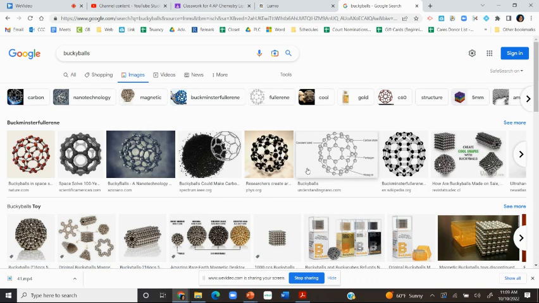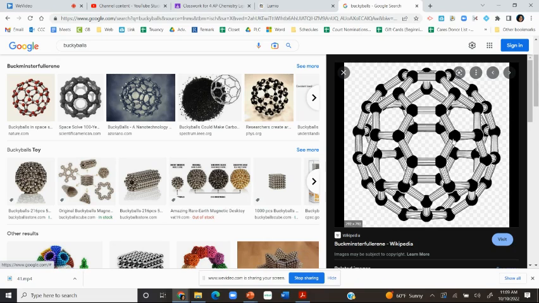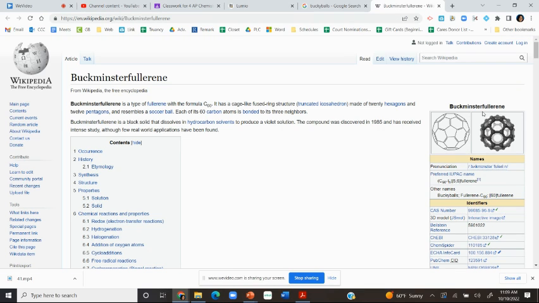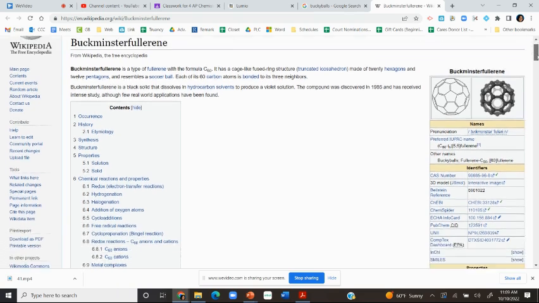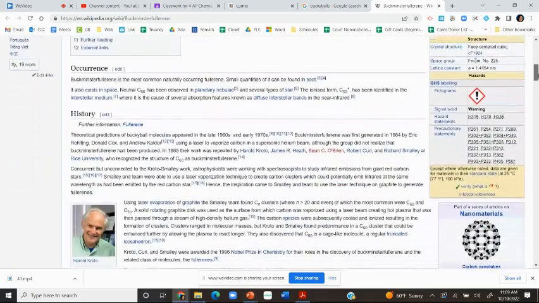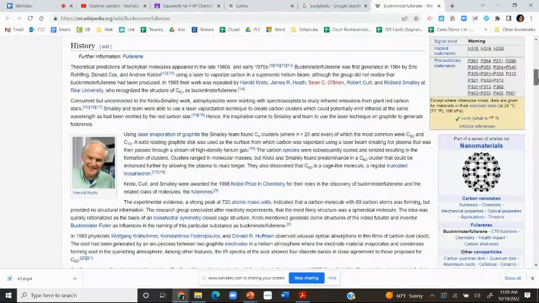I don't know. This is what that looks like. It's like a ball. That's cool. I like the diamond shape more. Carbon 60. Yes, I know it's diamond. That's what my grandfather said.